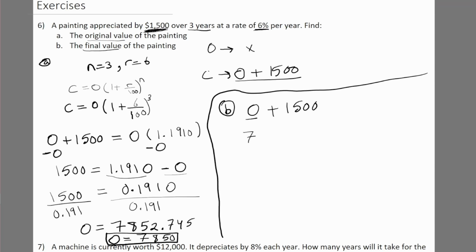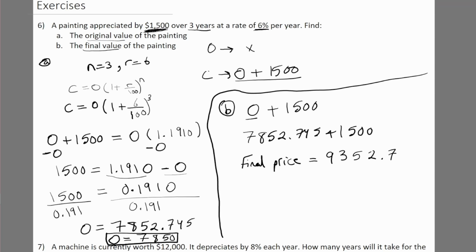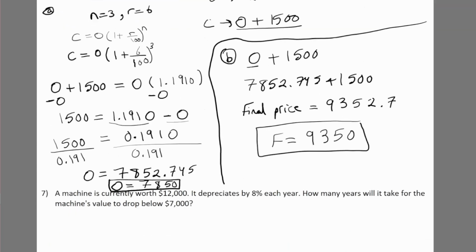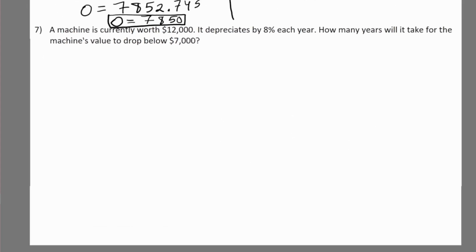So it's going to be 7,852.745 plus 1,500. So the final price is going to be 9,352.7. I'm going to round this to three significant figures. So this is 9,350. This is the final price. Okay, next question.